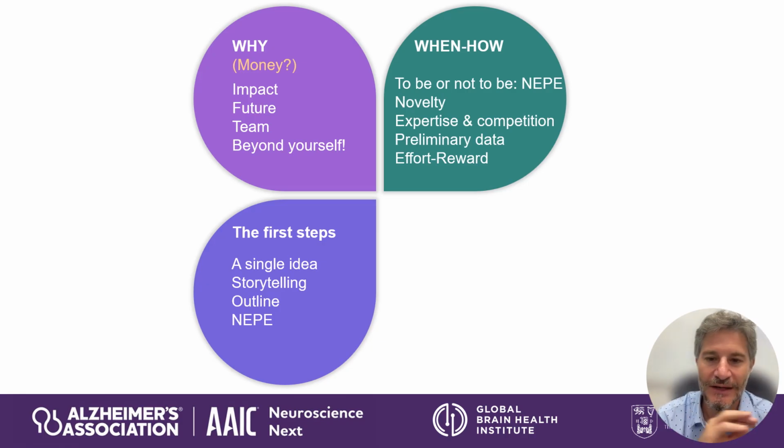Don't think about a grant like 10 different ideas. One single idea, powerful, novel, is much more relevant than 10 smaller ideas. So you need to be able, even if you want to measure different things or do different interventions, to bring that into a single umbrella, one single idea that any reviewer can understand.